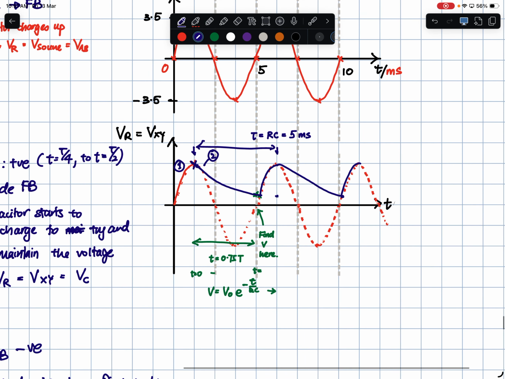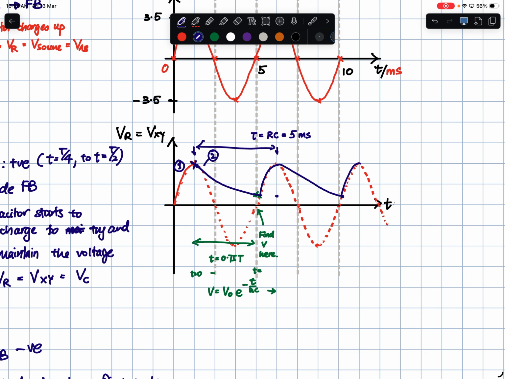Okay, one more extension. This is called smoothing of the rectified AC graph. It's still not very smooth. If I want it even smoother, I don't want it to discharge so fast. So how can I discharge it even slower? What do I control?